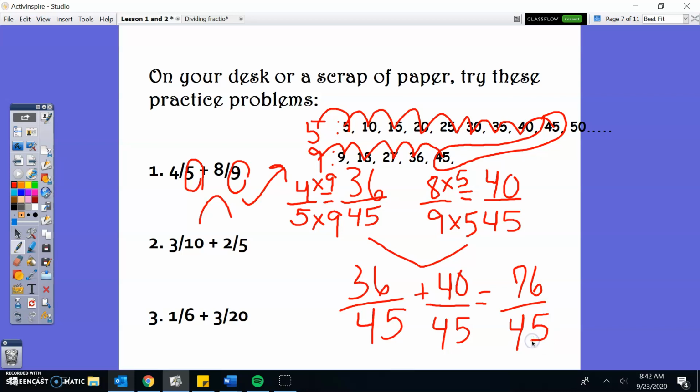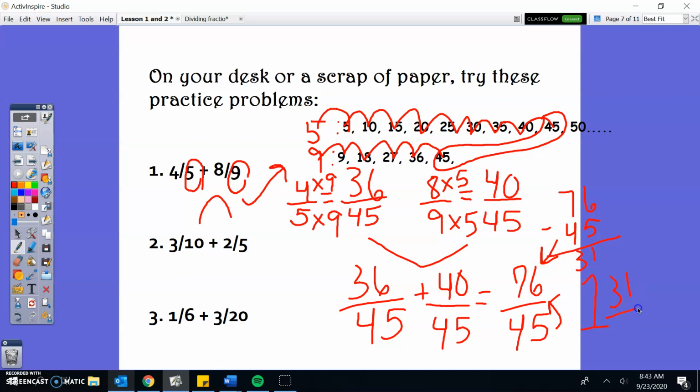45ths. Now that's an improper fraction because my top is higher than my bottom. So if I convert this to a mixed number, 45 can only go into 76 one time. So then I subtract 76 minus 45. 31 is my remainder.